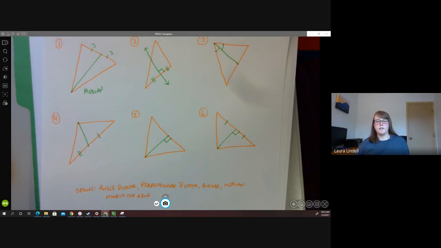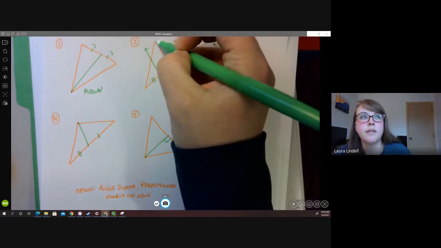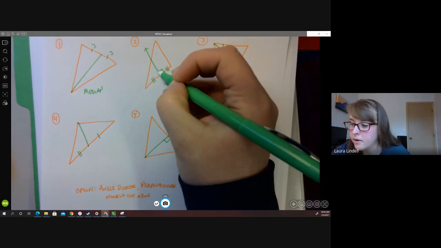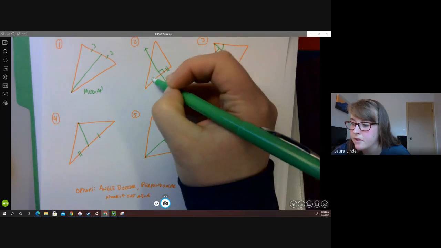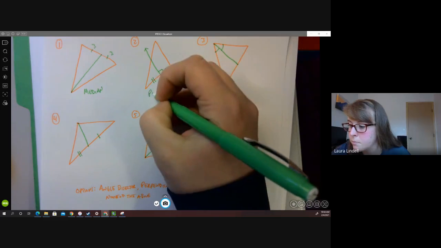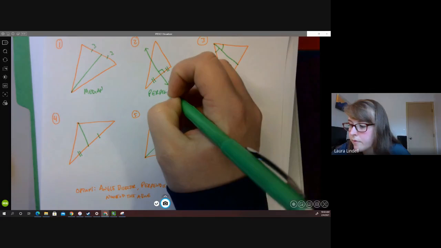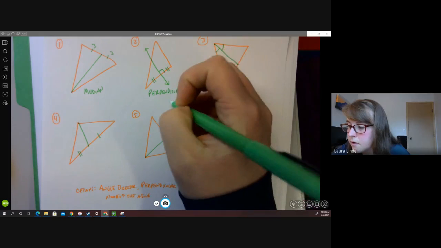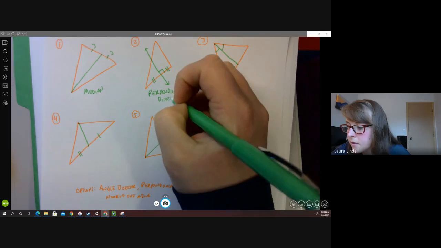Yeah, perpendicular bisector. The only thing that disqualifies it from being an altitude is that it's not going through a vertex. It would have to be going through this point in order for it to be an altitude. But it's perpendicular and it's cutting this side in half. It's a bisector. So perpendicular bisector.